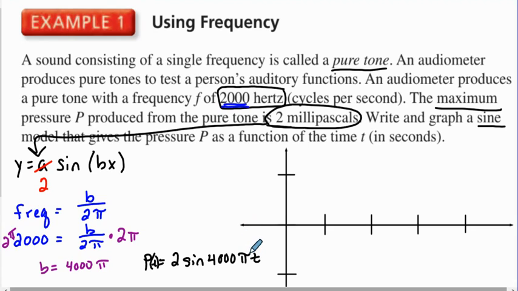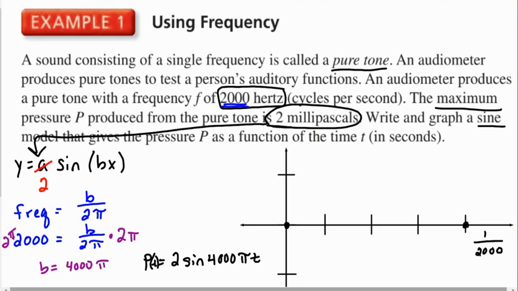We're completing this wave from this point 0, 0. Our wave is going to go up, come back down, and then go back up. And this is going to be 1 over 2,000. Why is it 1 over 2,000? Because the period is 1 over the frequency.